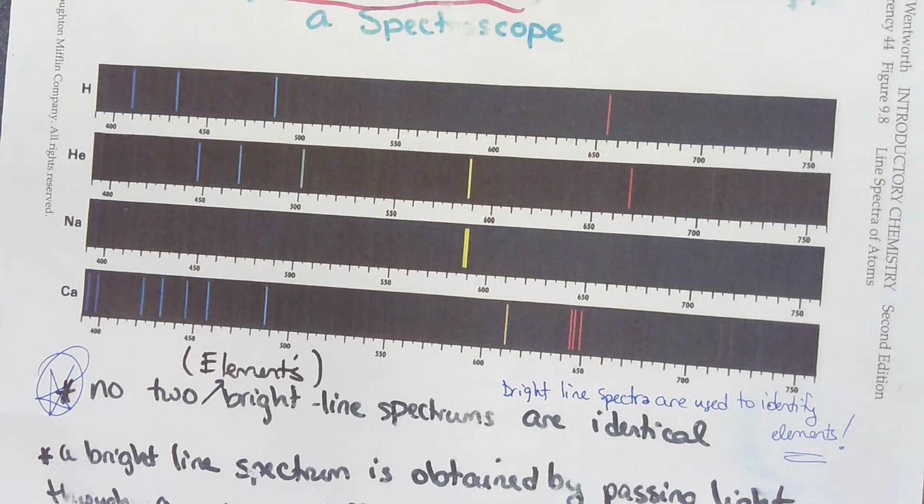And that made him, after he saw this again and again and again, start realizing, wait a minute, each one of those lines is at a different energy, which means the electrons have to be doing something at different energy levels. And that's how he came up with this whole concept.